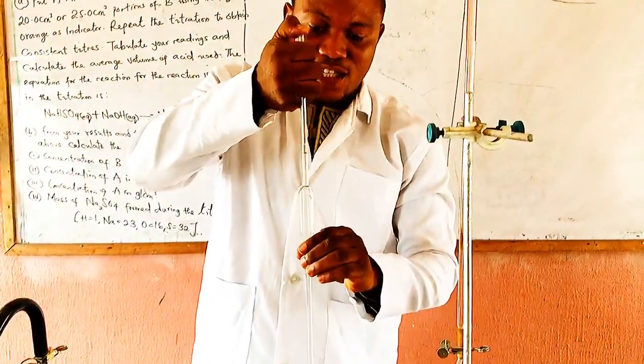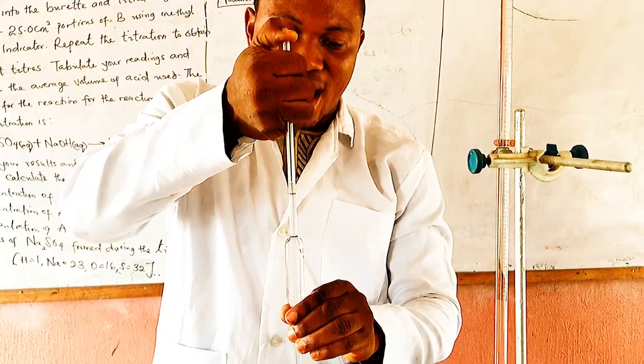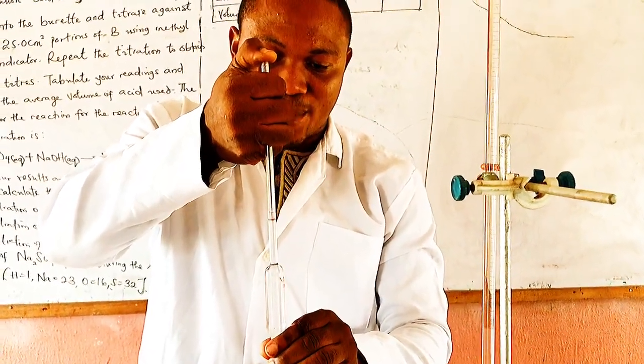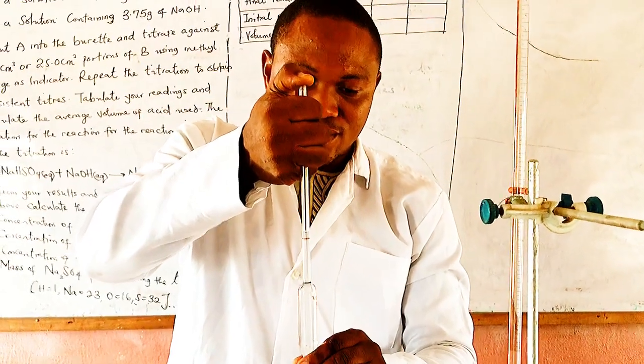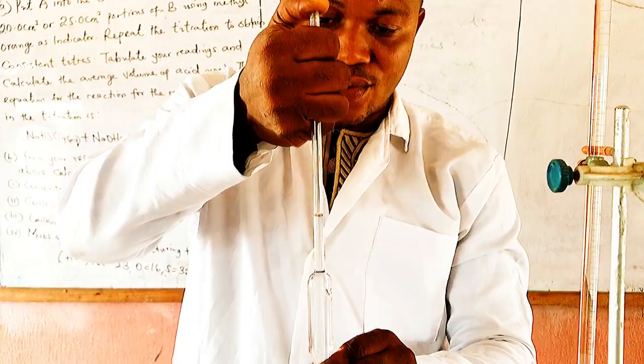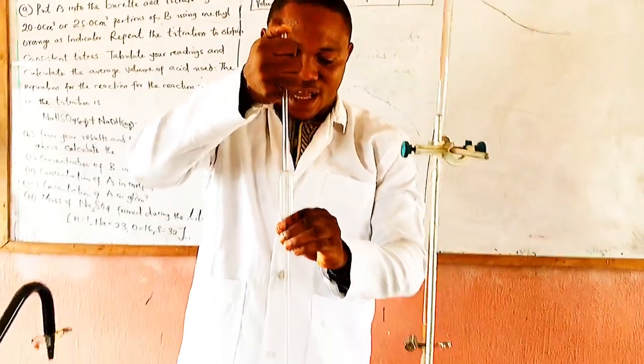Look at that, it's more than the 25 centimeter cube. So I'll just be releasing my hand a bit so that it goes to that particular mark. Perfect. So I have 25 centimeter cube.